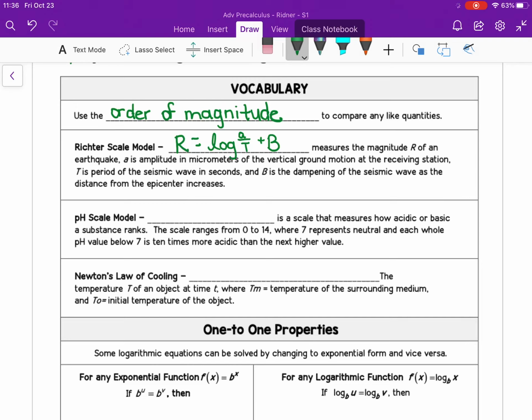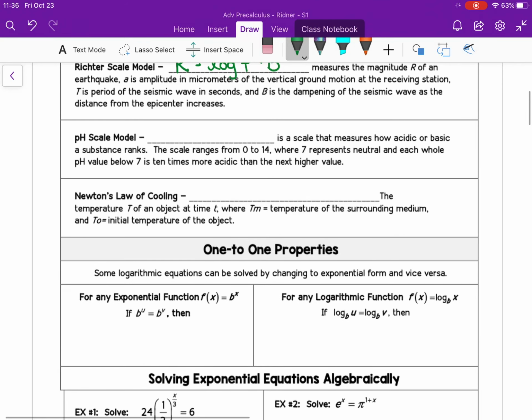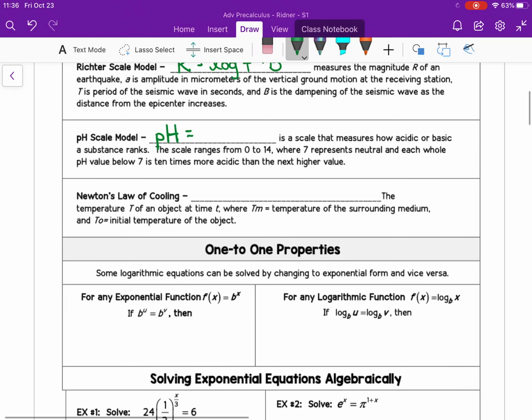So A is the amplitude, T is the period of the seismic wave, and then B is the dampening of it. Also, any type of pH scale models also use log. So science is very popular. This would be chemistry.